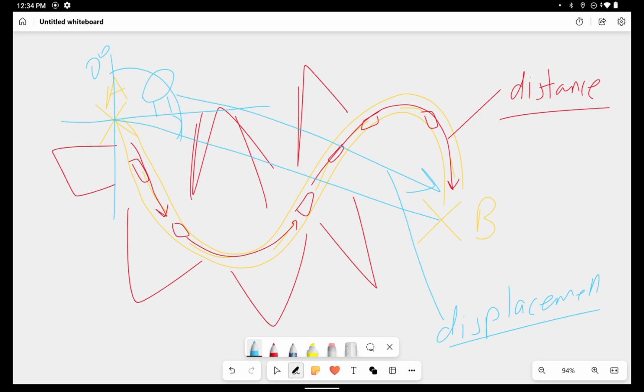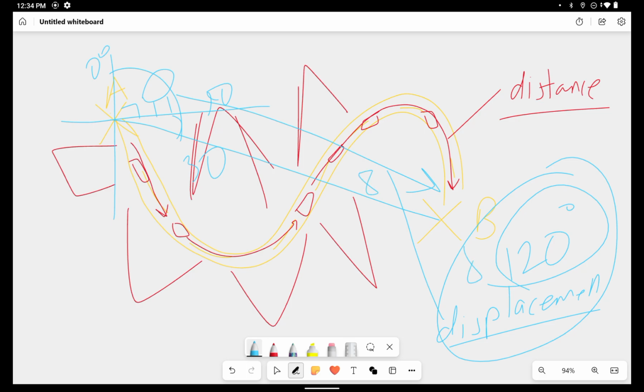Let's say this is 90, and this is plus, let's say, 30. So we can say it is a bearing of 120 degrees. And let's say it travels 8 meters. So 8 meters at 120 degrees will be your displacement.